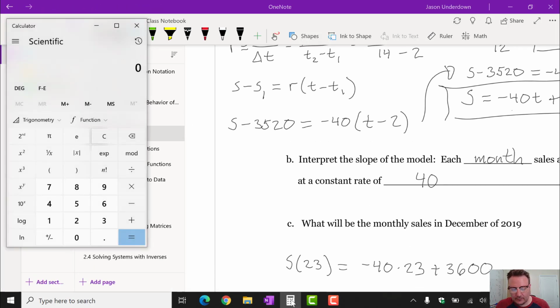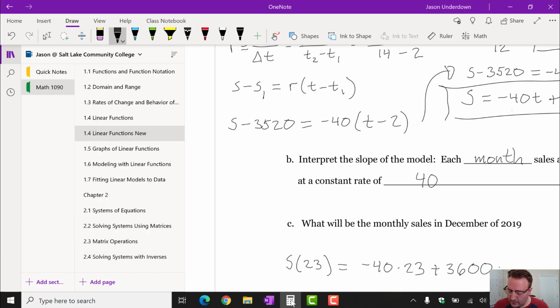Negative 40 times 23 plus 3,600. I get 2,680. All right.